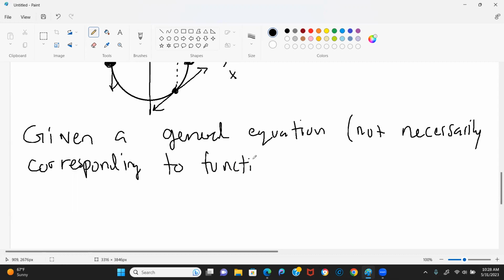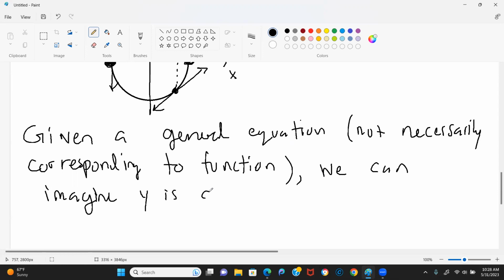What that means geometrically is that if you plot the curve associated to this equation, it's not going to pass the vertical line test. For example, you could take the circle. And this is where we make believe: we can imagine y is a function of x, even though it really isn't. We can treat y as a function of x, and it's just maybe not possible to solve.